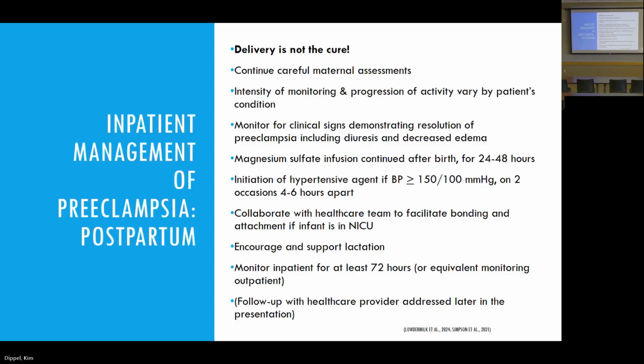And we talked about initiation of hypertension agent, and this should actually be 150 or 100 on 2 occasions, 4 to 6 hours apart. You want to collaborate with the healthcare team and NICU, encourage support with lactation, monitor inpatient for at least 72 hours. So follow up with healthcare provider. We're going to talk about this a little bit later.